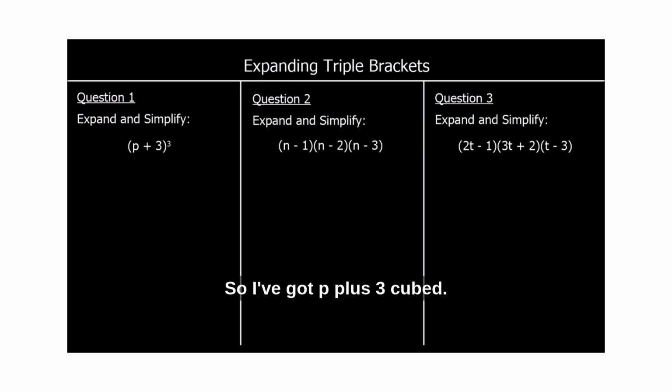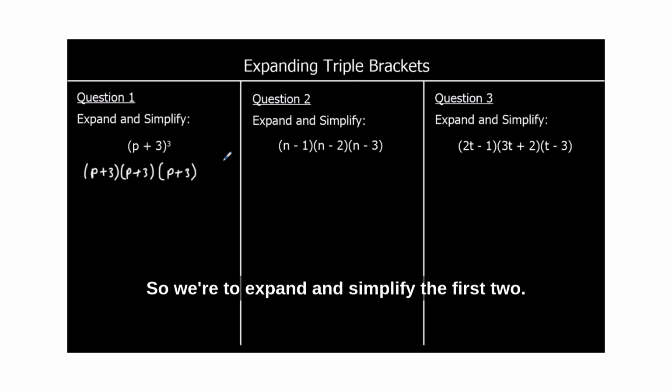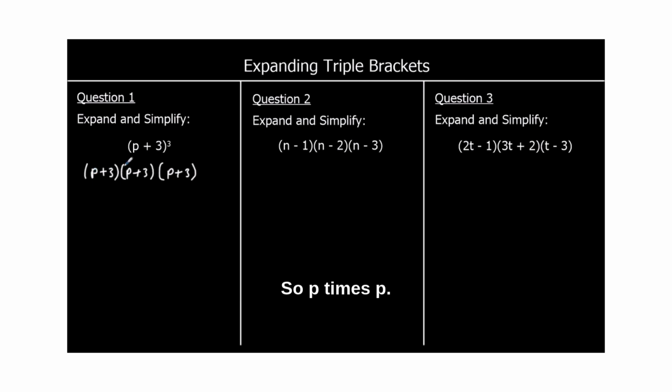Okay, the first one, so we've got p plus 3 cubed. So that means we've got p plus 3 times p plus 3 times p plus 3. So we're going to expand and simplify the first two. So p times p is p squared. P times 3, 3p. 3 times p, 3p.